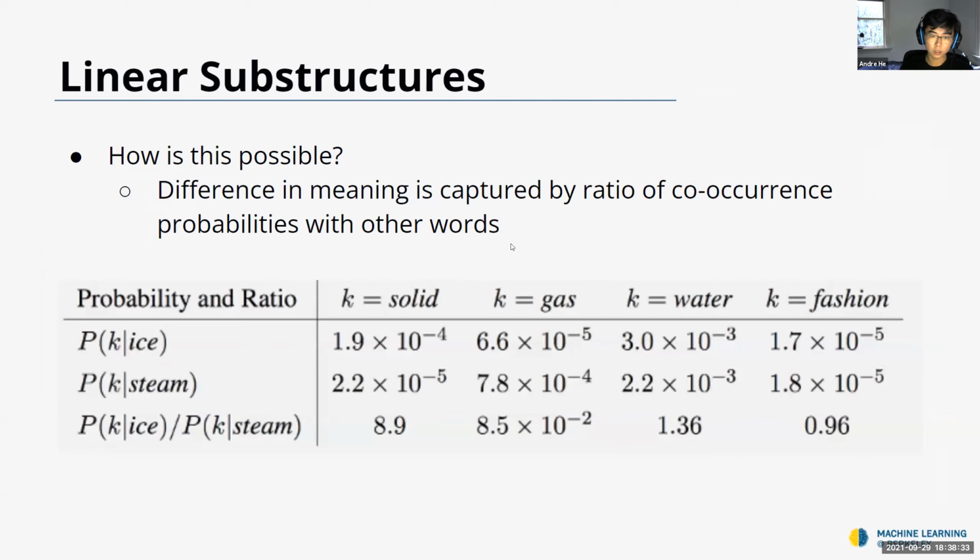What I mean by that is, let's say you're looking at the co-occurrence between ice and these four other words, and you're also looking at the co-occurrence between steam and these other words.